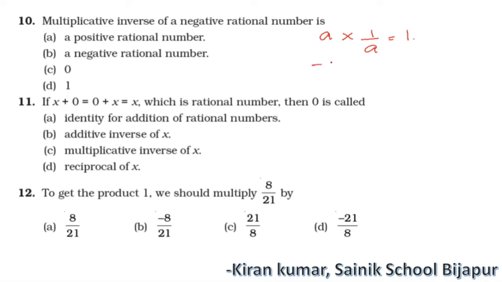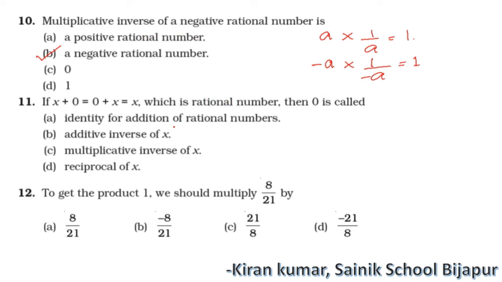If we have a negative number, negative A, this has to be multiplied by 1 by minus A, then only the product is 1. Hence, the multiplicative inverse of a negative rational number is again a negative rational number. So this verifies that option B is the right answer.